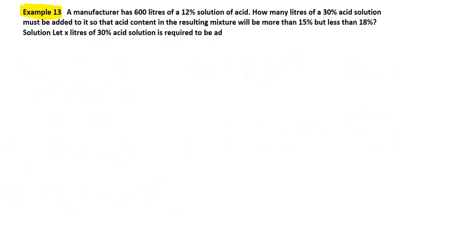This is example 13. So they are saying a manufacturer has 600 liters of 12% solution. So suppose he has 600 liters of 12% solution. They are asking how many liters of 30% acid solution he should mix. So he has one more solution which is 30%. Suppose he has X liters which he should mix with these.